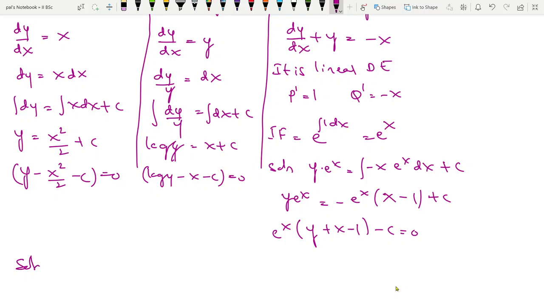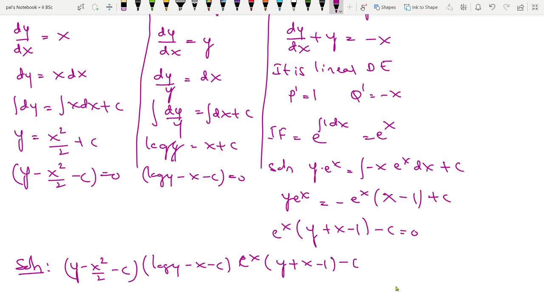So therefore the complete solution is y minus x square by 2 minus c into log y minus x minus c into e to the power of x into y plus x minus 1 minus c is equal to 0.